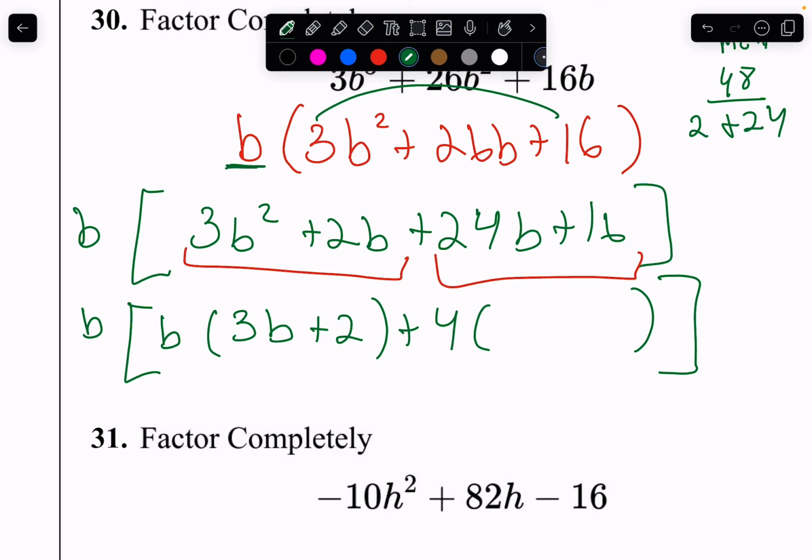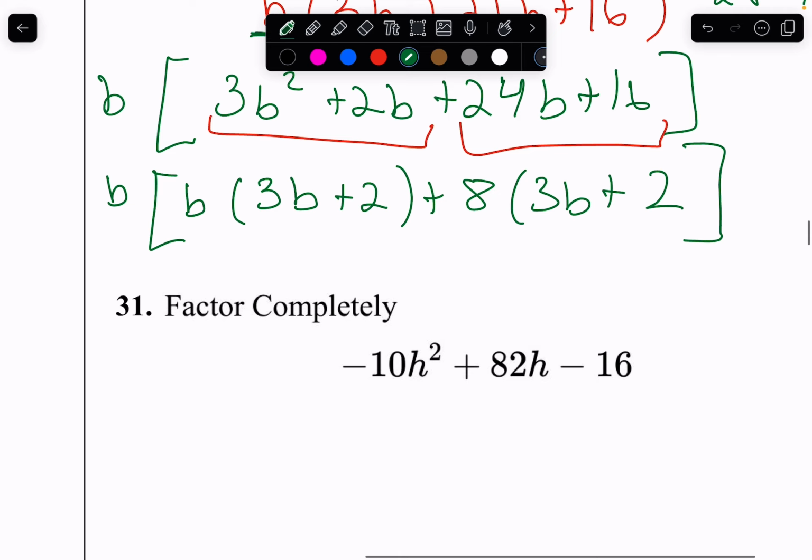When you do that, you end up with 6b plus 4, and these don't match up. The reason they don't match up is because you didn't take out the greatest common factor of that second term. You just took out a common factor. So it's no good. I just wanted to show you what it looks like when you make a mistake. So we'll go back to the correct answer here, which was 8 times 3b plus 2.